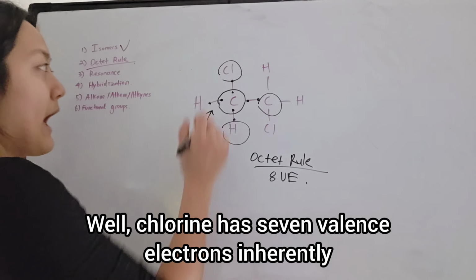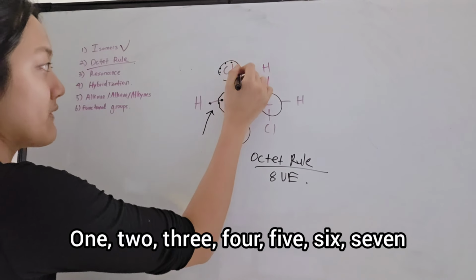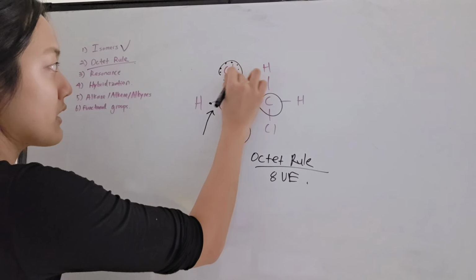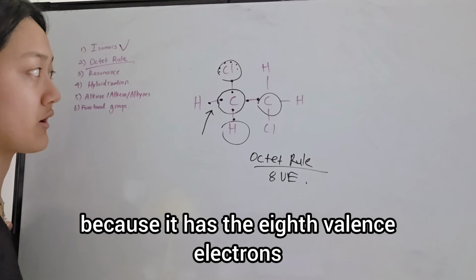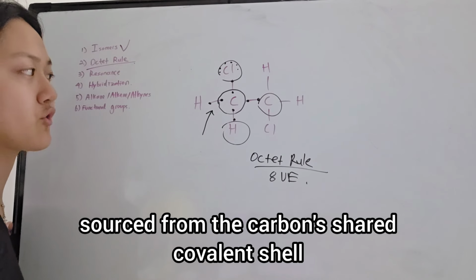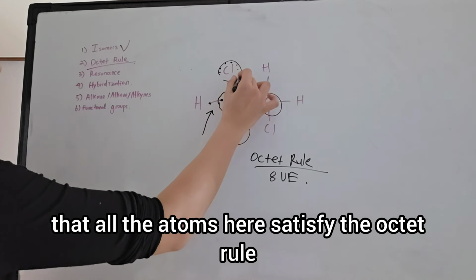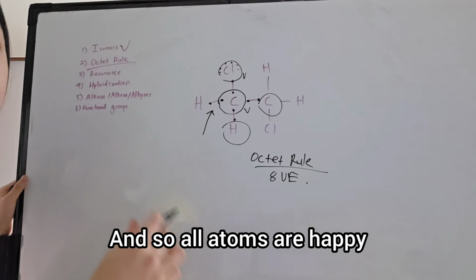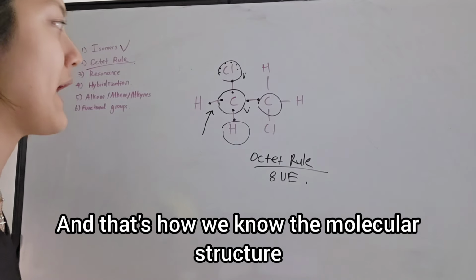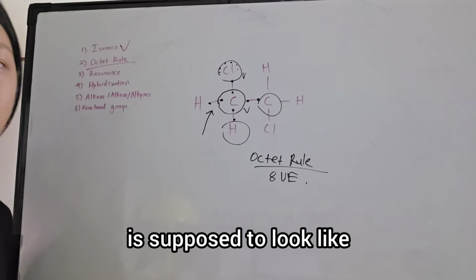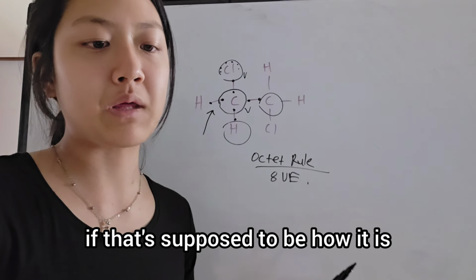Well, chlorine has 7 valence electrons inherently. 1, 2, 3, 4, 5, 6, 7. So now it's happy because it has the 8th valence electron sourced from the carbon's shared covalent shell. So now we've made sure that all the atoms here satisfy the octet rule. And so all atoms are happy. So this is a stable molecular structure. And that's how we know the molecular structure is supposed to look like what it's supposed to look like. That's how you check if that's supposed to be how it is.